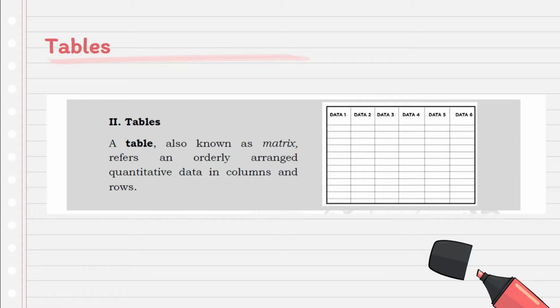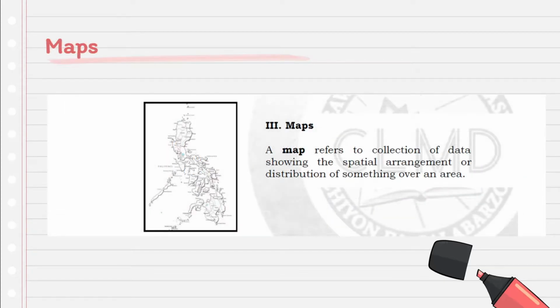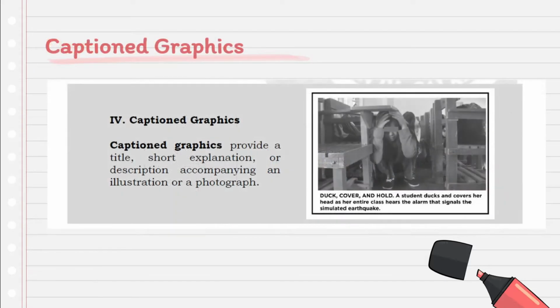Let's move on with tables. A table, also known as matrix, refers an orderly arranged quantitative data in columns and rows. 3. We have the maps. A map refers to collection of data showing the spatial arrangement or distribution of something over an area. 4.